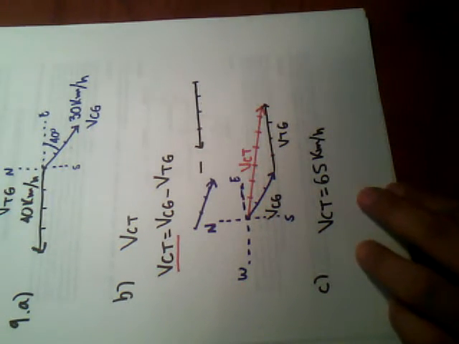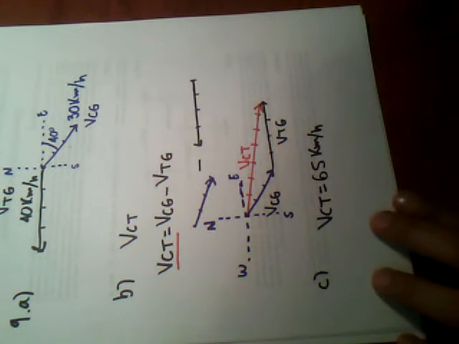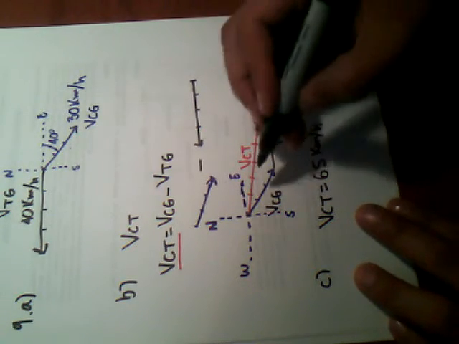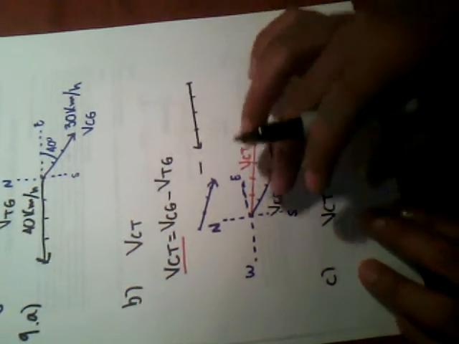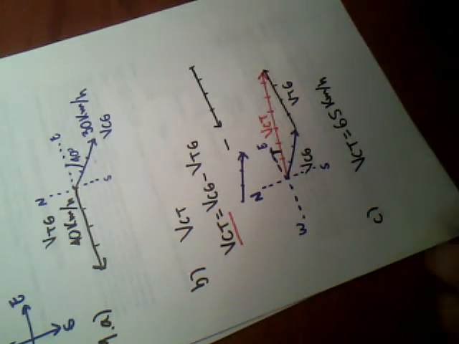And what I have to measure is what is the angle that this vector has. So I can measure whatever angle I want. So I'm going to measure this small angle here. This is the angle. Let me draw this again.